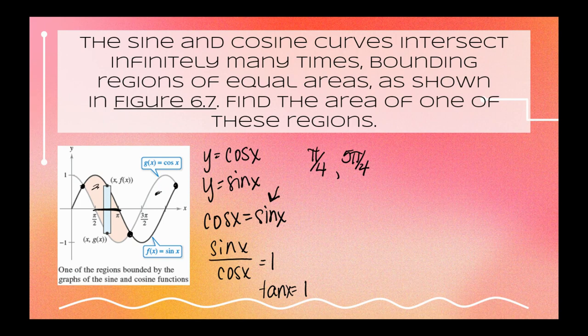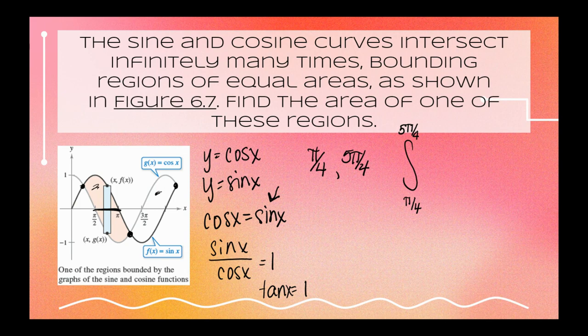Tangent makes that easier. I thought it was kind of a cool way to do that. Again, either approach is fine, but tangent makes it a little easier to see the two values. So we're going to integrate from pi over 4 to 5 pi over 4.